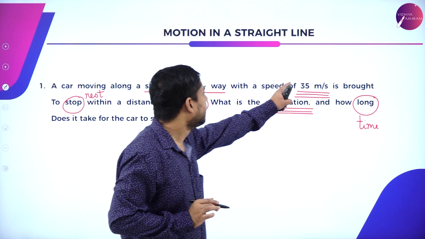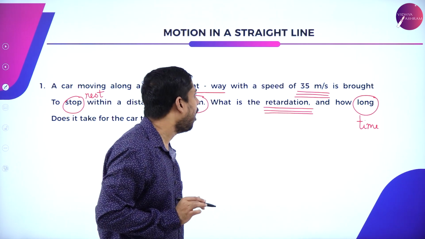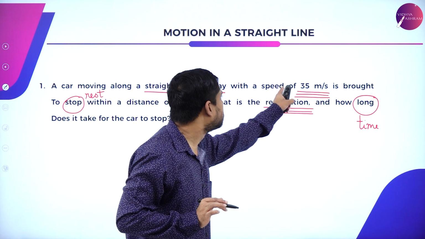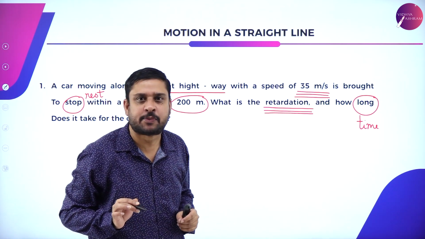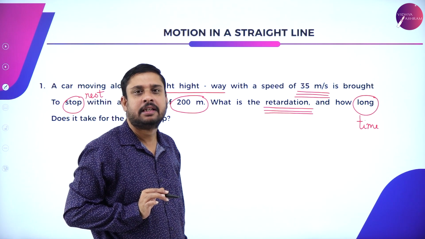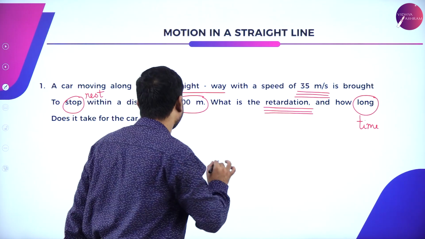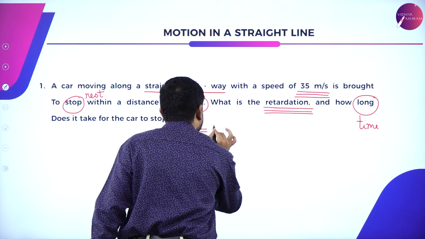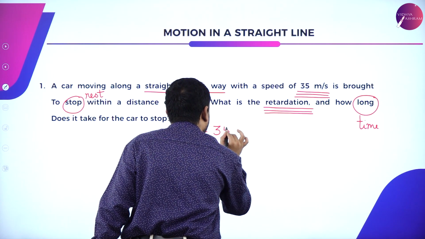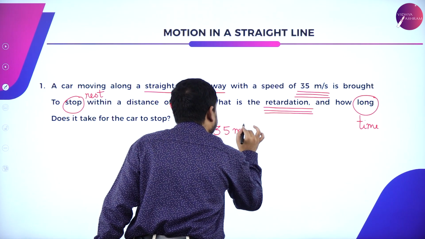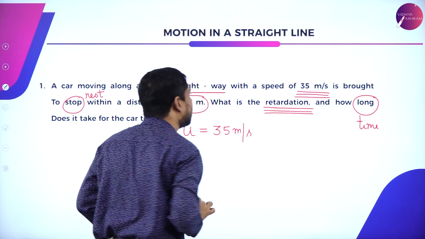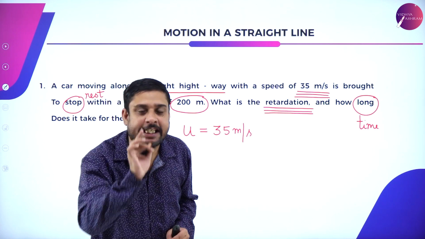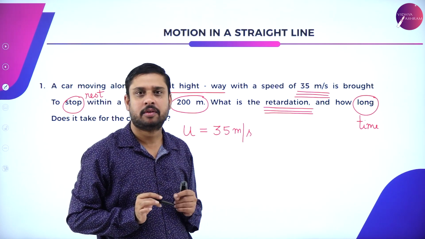Now, just picking up the data, the car is moving with a speed of 35 meters per second. So the initial speed of the car is 35 meters per second. And it is brought to rest.